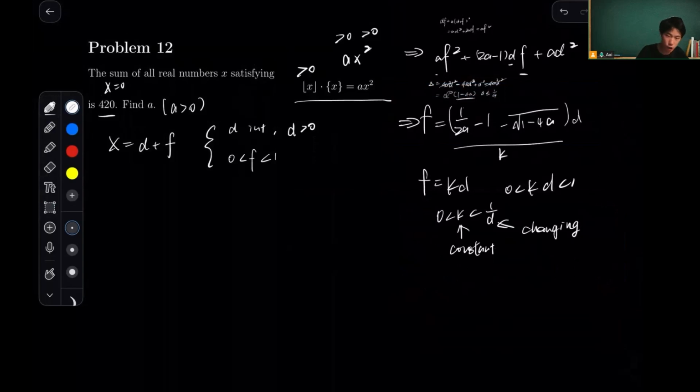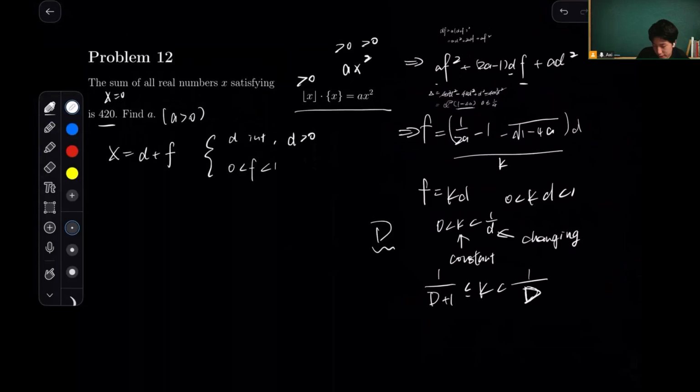But if d grows larger, then at some point k cannot be between 0 and 1 over d. So assume this maximum is big D. Then that means 1 over (big D plus 1) is less than or equal to k, and 1 over big D is greater than k.